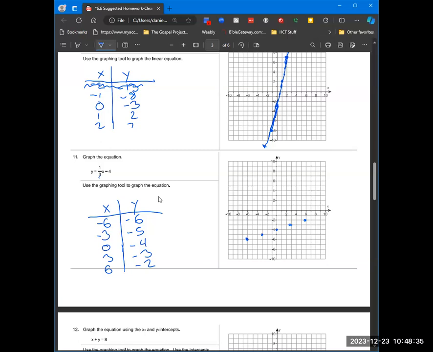But I'm going to rise 1 and run 3 each time. One, 2, 3, right here. Right? And again, you see that's a much shallower slope, not quite as steep.